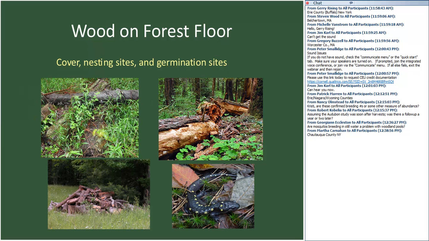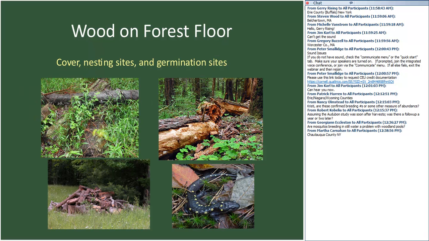And that leads me to leaving wood on the forest floor. Wood on the forest floor is equally important to trees that are dead and standing. They provide cover for wildlife, nesting sites. Turkeys like to nest on the ground on the back sides of logs, and logs are germination sites for seeds. Some seeds germinate very well on dead wood on the forest floor that's kind of rotted and degraded.